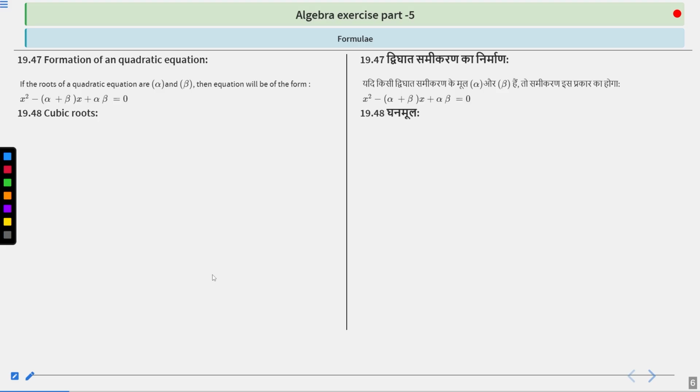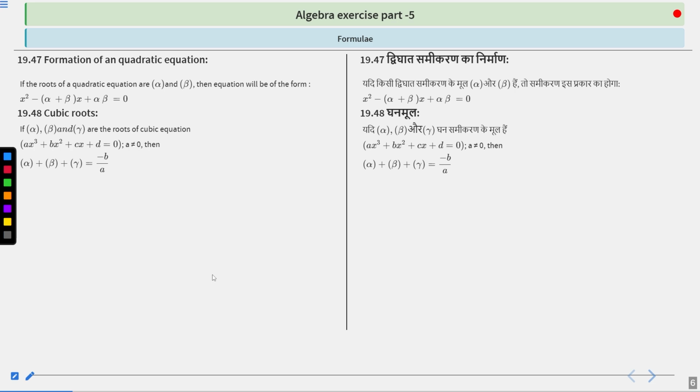Formula next 19.48 is cubic roots. If alpha, beta and gamma are the roots of cubic equation ax cube plus bx square plus cx plus d equal to 0, where a is not equal to 0, then alpha plus beta plus gamma is equal to minus b upon a. Alpha into beta plus beta into gamma plus gamma into alpha is equal to c upon a.